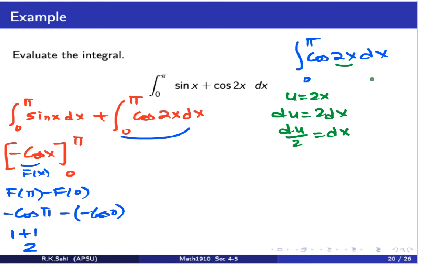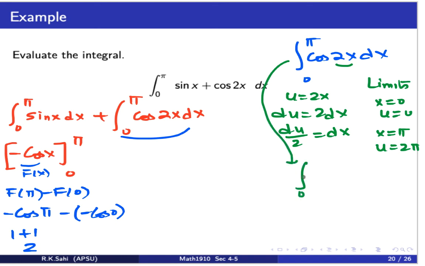Now we have to do the limits. So when my x is 0, what is my u? Awesome, 0. But when my x is pi, my u, remember, is 2 times x, which is 2 pi. So we have made all the changes from the x variable to u. So now this would be 0 to 2 pi cosine u du over 2. So half comes out.